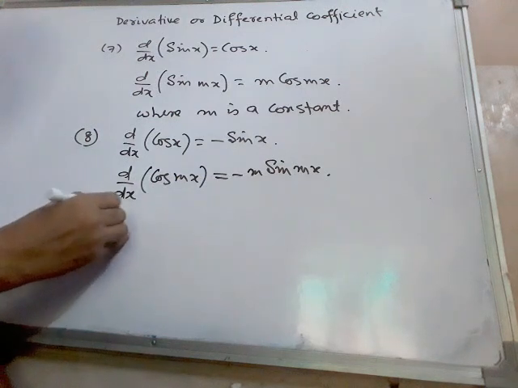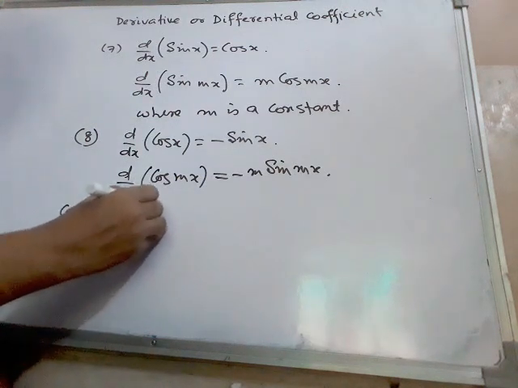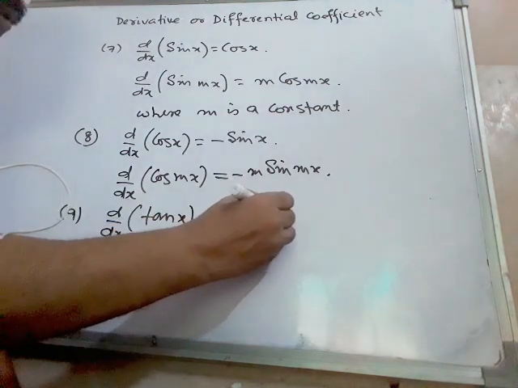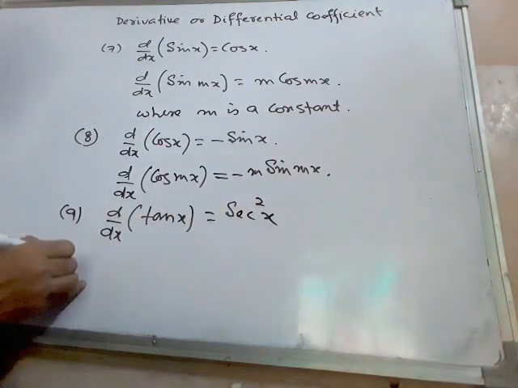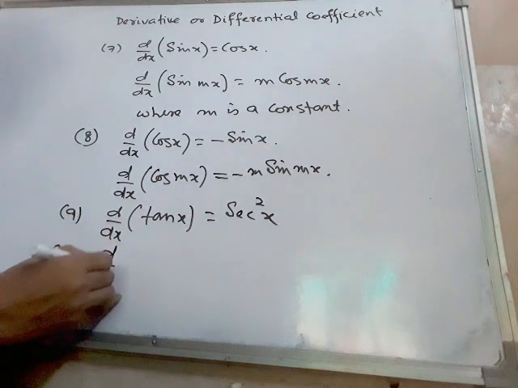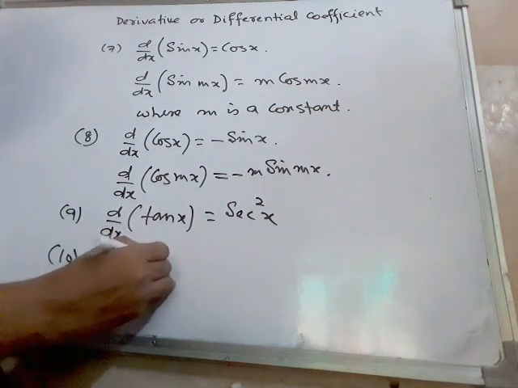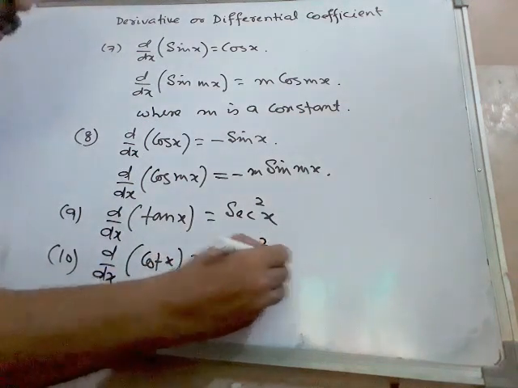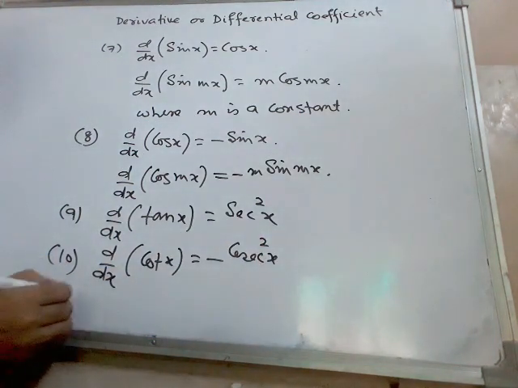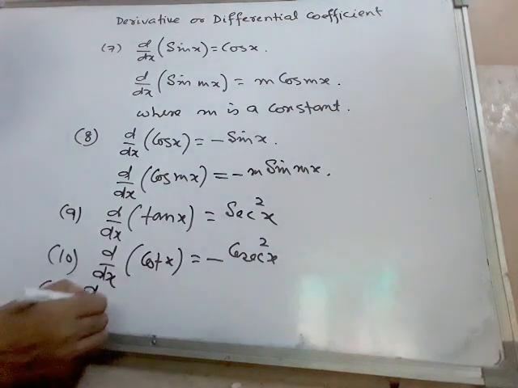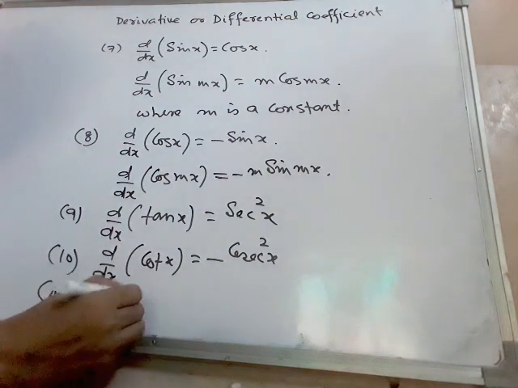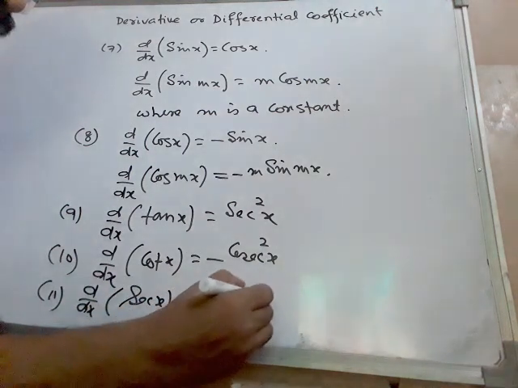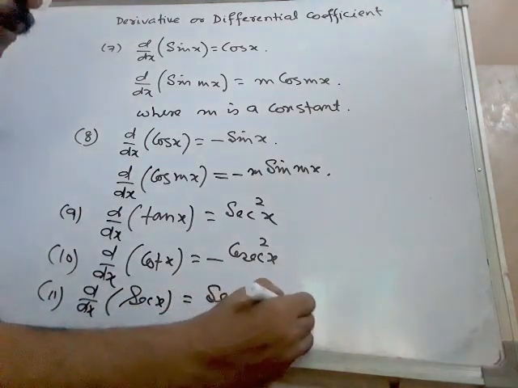Formula number 9: d/dx of tan x is sec square x. Formula number 10: d/dx of cot x is minus cosec square x. Formula number 11: d/dx of sec x equal to sec x into tan x.